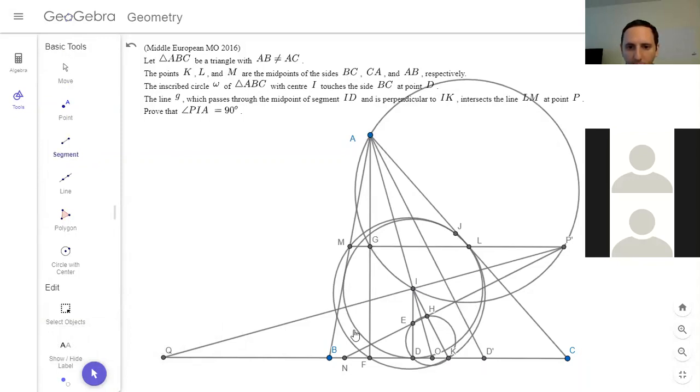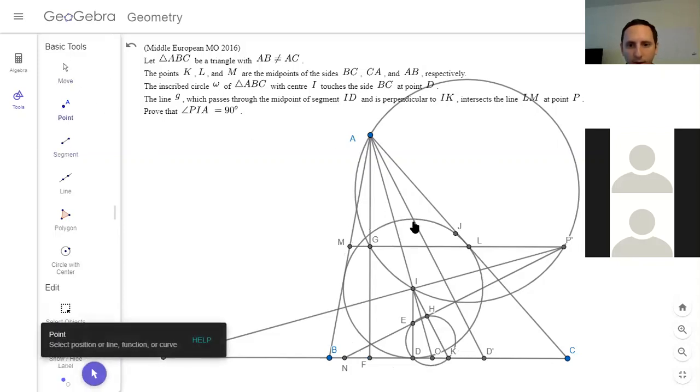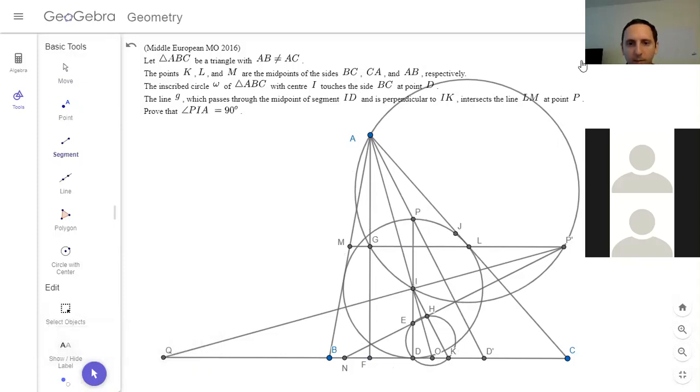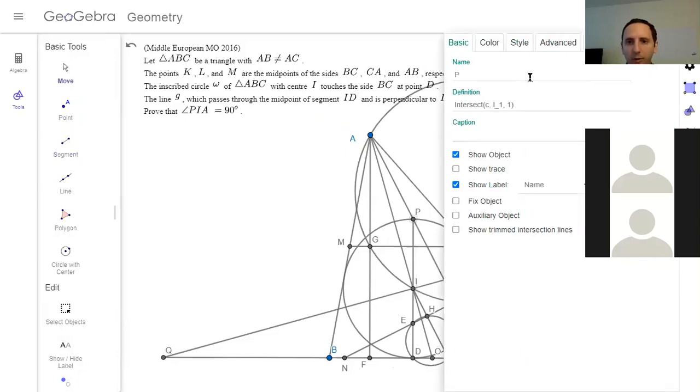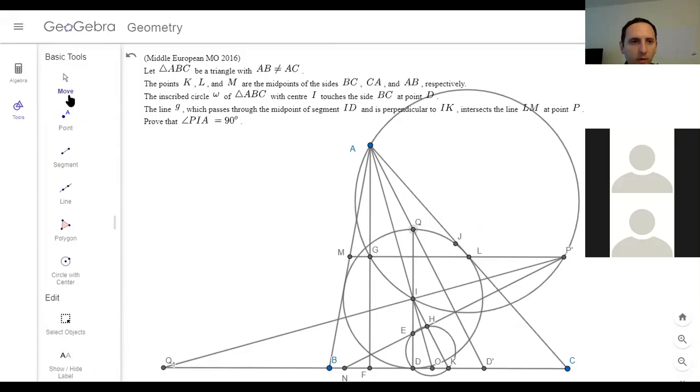Maybe I should hide the nine-point circle. I'm not sure how useful it is, and even if it is, I'd probably just remember it. So I, D, and P are collinear by the HM theorem. Let me call this Q instead, just so we don't get confused. We want to show AD prime and P prime E meet on the circle.